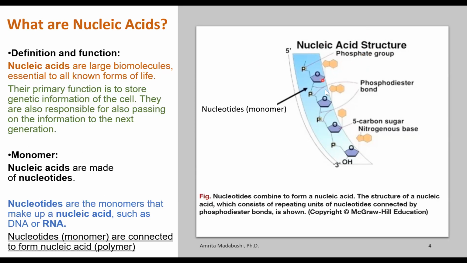You see that these are repeats: what you see over here, and then below that, and then below that. It's a repetition. Each of these units is a nucleotide, and they combine together to form that structure. We are going to take a look at what each of these contains.